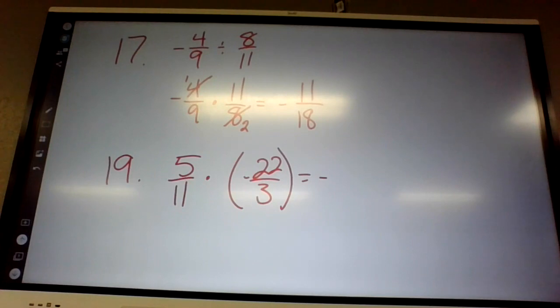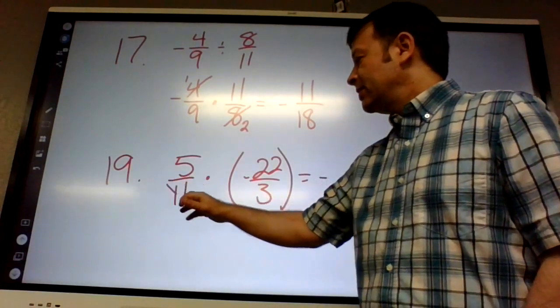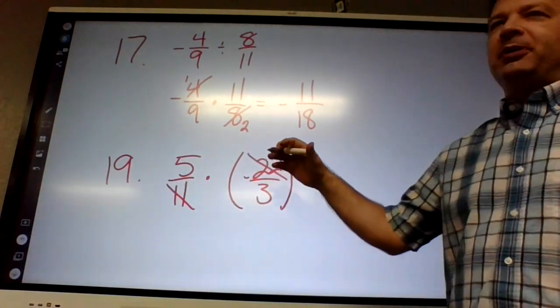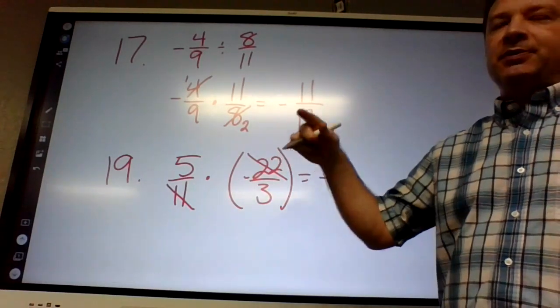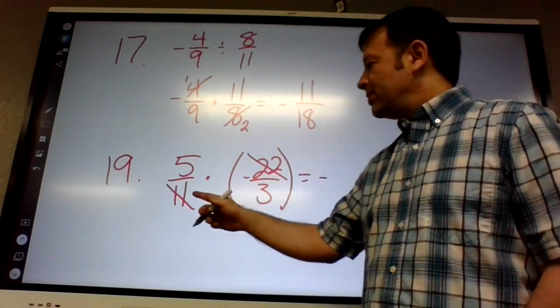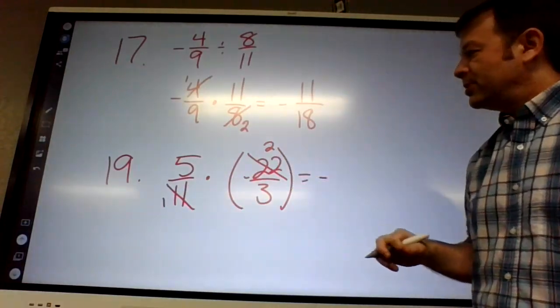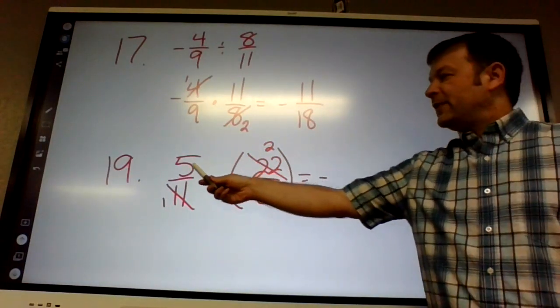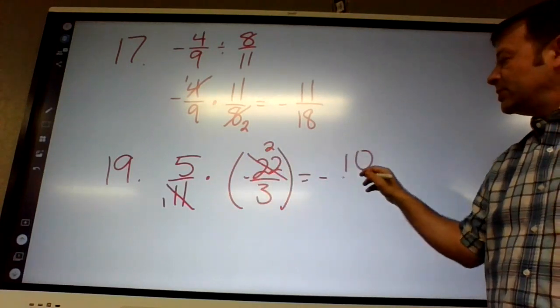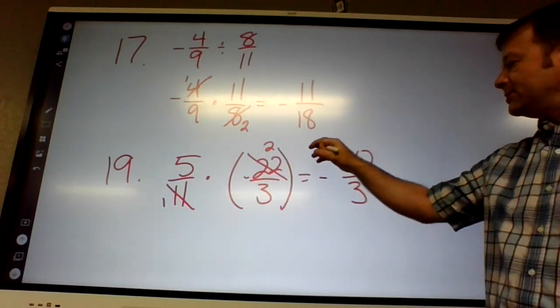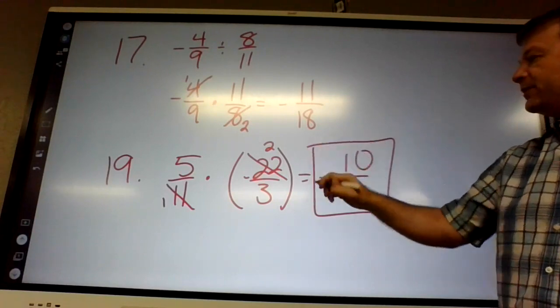And can I reduce anything? Yes. 11 and 22. 11 and 22 are both divisible by 11. You guys remember the multiples of 11, right? 11, 22, 33. So if you divide by 11, get 1 and 2. 5 times 2, 1 times 3. Do I need to do anything to that? No. Leave it improper.